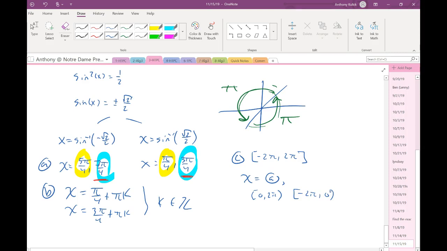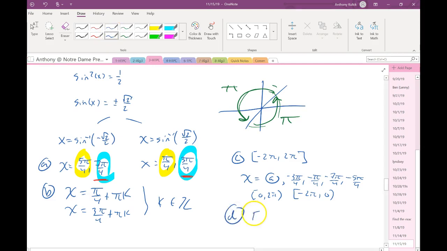To find those, I'm just going to subtract 2 pi from each of my answers in A. So it's going to be negative 3 pi over 4, negative pi over 4, negative 7 pi over 4, and then negative 5 pi over 4. No, the convention is usually to start with the smaller one, but it doesn't really matter. It's still the same solution set.